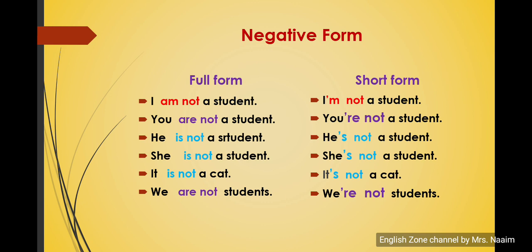Okay. a so here تدل على شخص واحد، على شيء واحد. Okay. You are not students. أنتم لستم بتلاميذ أو أنتن لستم بتلميذات. Okay. So are ثم بعد are نضع not، الصيغة الخاصة بالنفي.